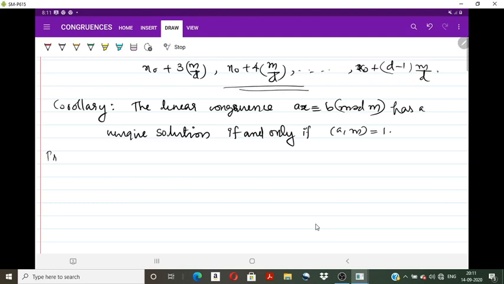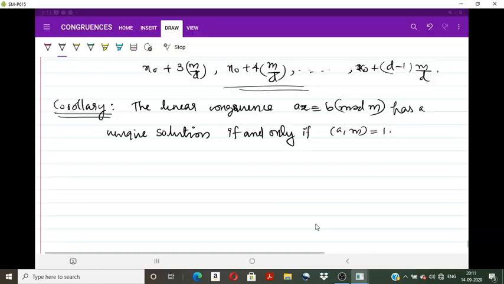The proof is very clear, and we leave it for you to do as an exercise. Just substitute d equal to 1. The linear congruence has d incongruent solutions. If d is equal to 1, it has only one solution, that is a unique solution. So the linear congruence has a unique solution if and only if GCD of A comma M equal to 1.